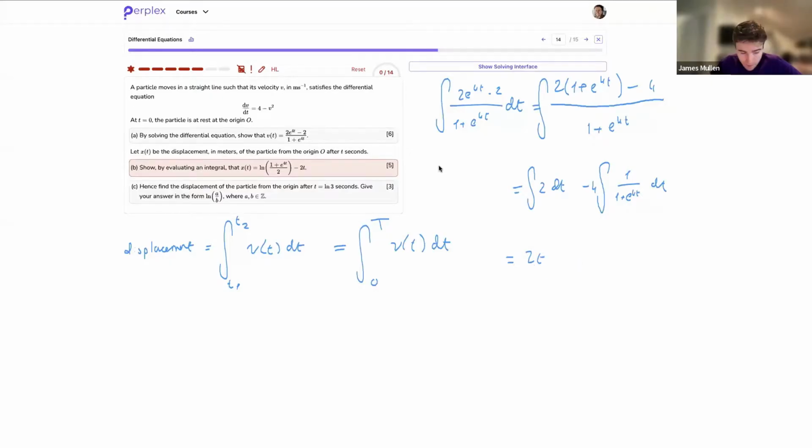minus, and now I'm going to say u is equal to 4e, and there's no 4, hang on, why am I saying 4? It's just e, sorry. If I let u equal e to the 4t, then du over dt is equal to 4e to the 4t.